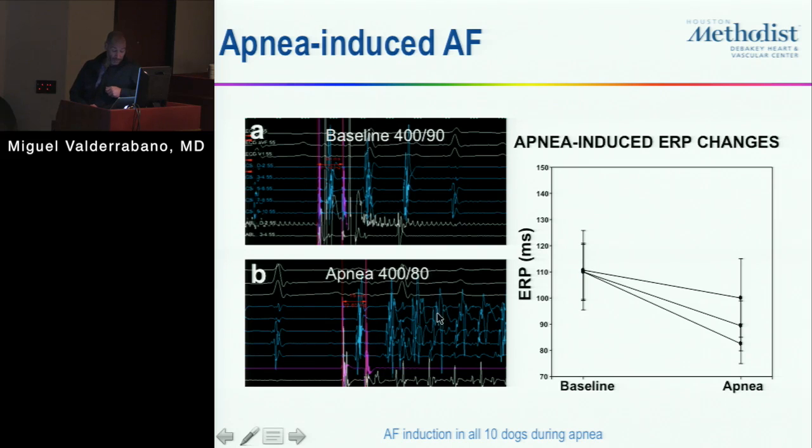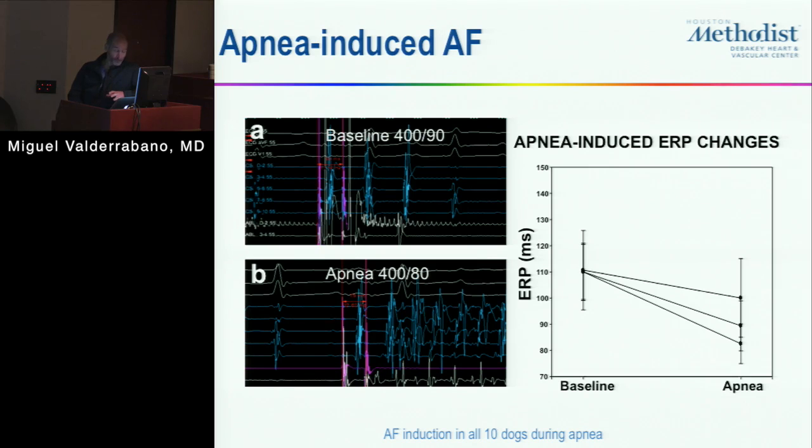During apnea, with 80, we could not only capture, whereas before we couldn't, so the refractory period has shortened, but with a single extra beat, we induce AFib. In all the dogs we tested, 10. So on average, the refractory period dropped during apnea, and all the dogs could have AFib induced with a single extra during apnea. Then we give the RTX, the resiniferotoxin.